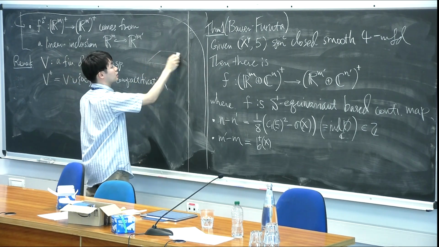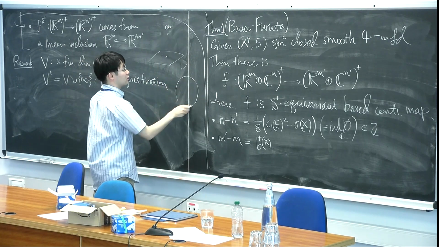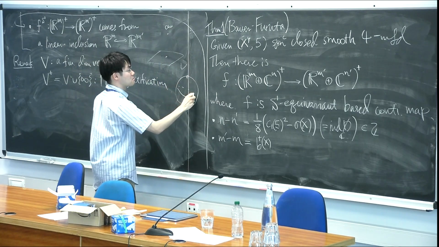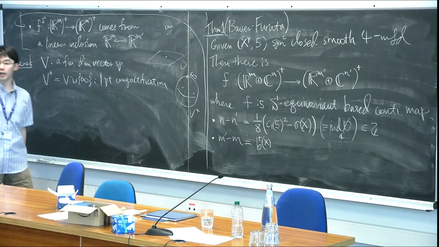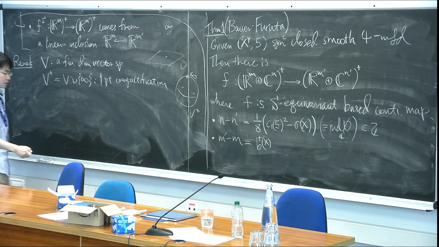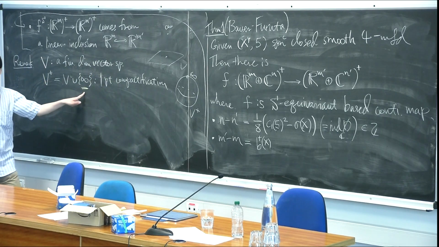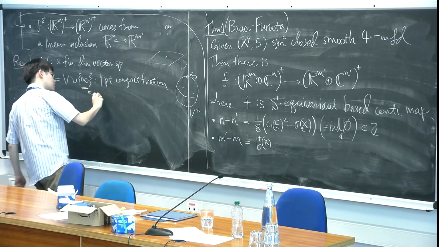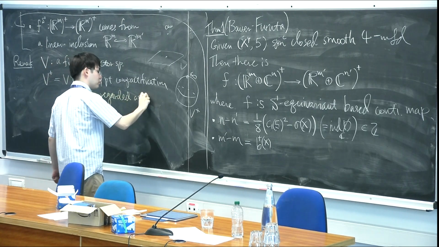You have this vector space V, and you have a point at infinity, and you end up with some sphere. And every time, I regard this point at infinity as the base point of this sphere.